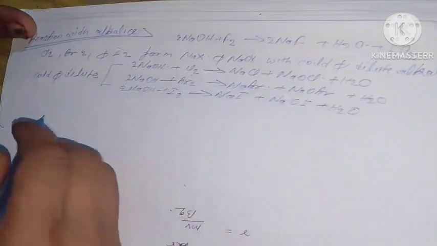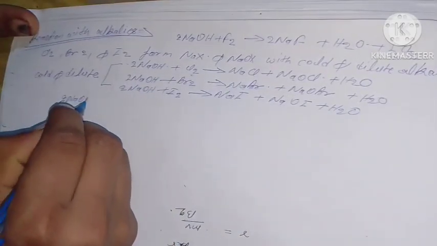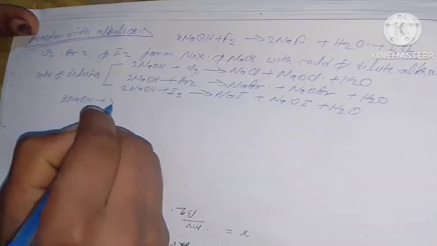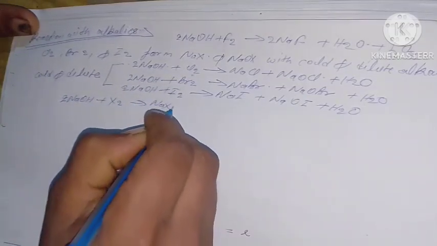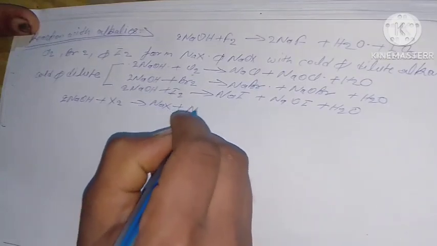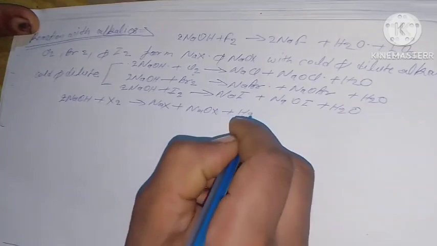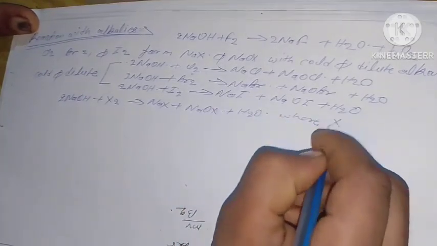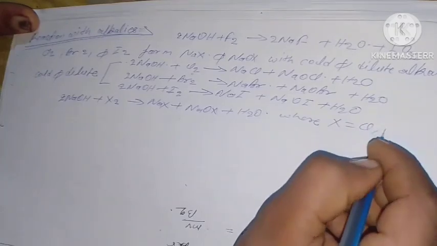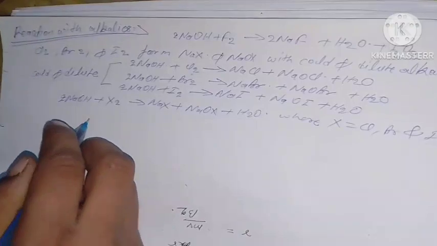Thus the general reaction is 2NaOH plus X2 makes NaX plus NaOX plus H2O, where X equals chlorine, bromine and iodine.